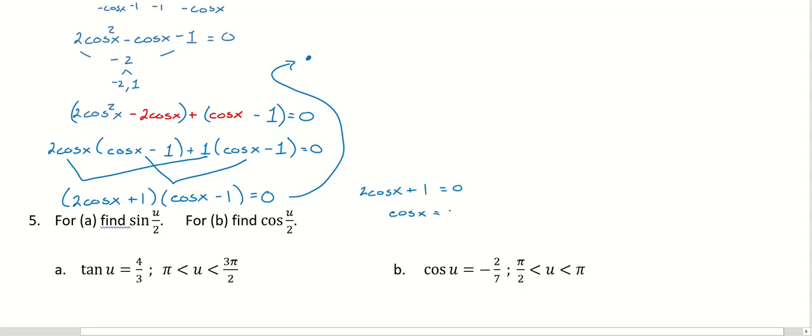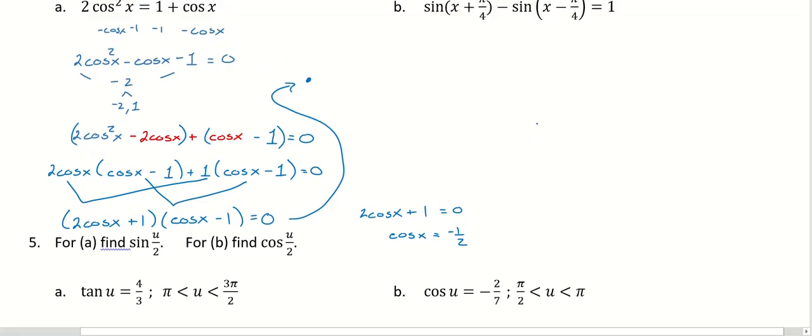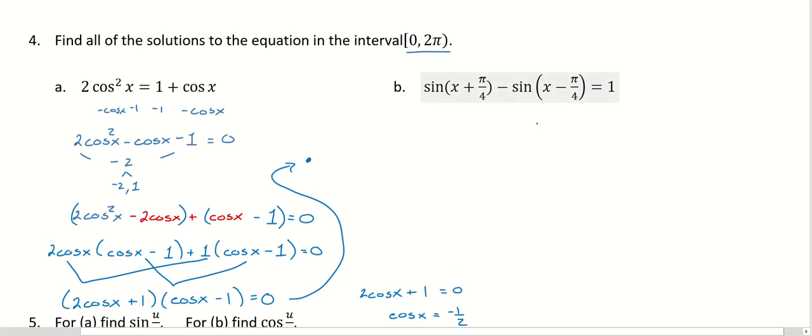and we're really just trying to find when is it true that cosine is -1/2. Now, on the unit circle, there's 2 places where this happens. It happens at 2 pi thirds, and it happens at 4 pi thirds. So we'll just list both of those answers here. Let me double check the problem that I'm working here. 2 cos squared.